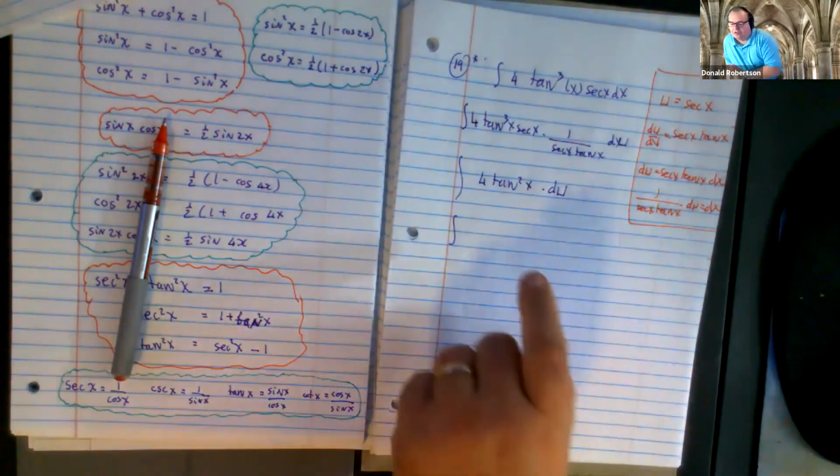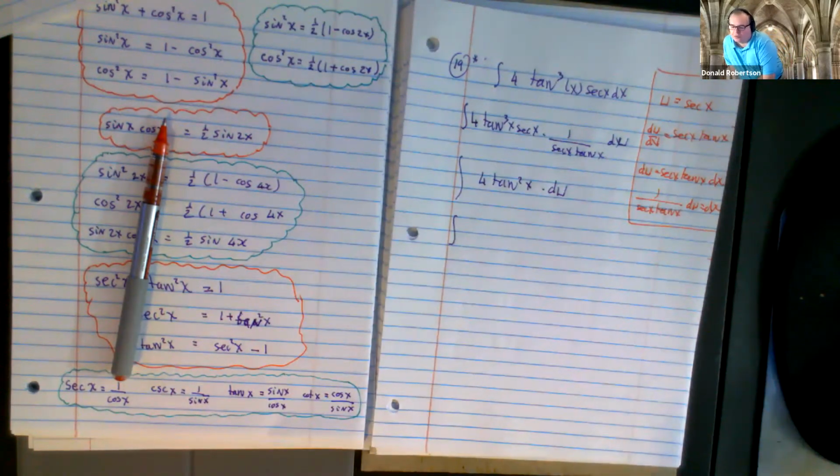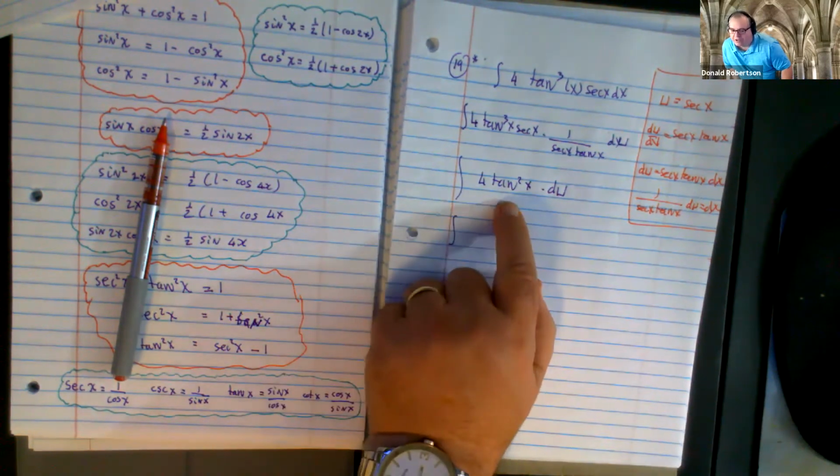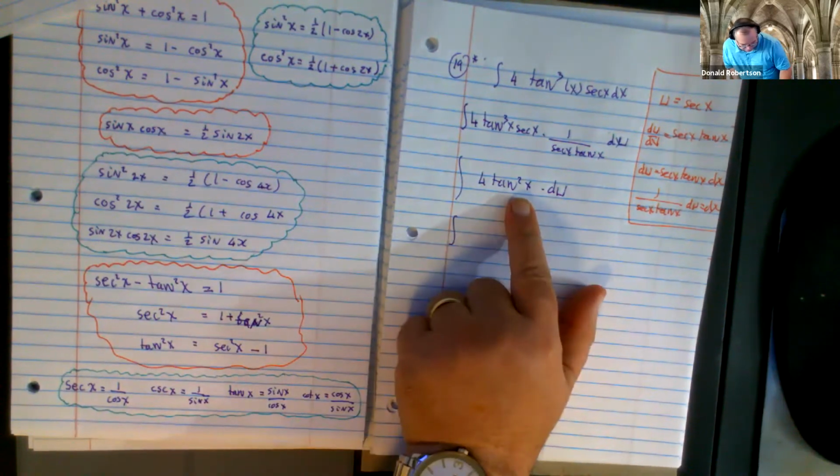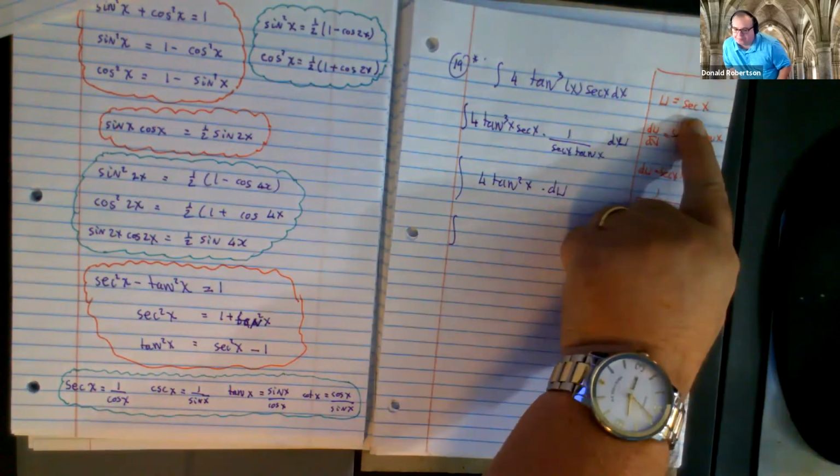It's analogous. Do you remember sometimes we did integrals with sines and cosines, and we had a cos squared left over, but we wanted sines, or we had a sine squared left over, but we wanted cosines. I have a tan squared left over. As long as it's square, tan squared, tan to the 4, you're okay. What you have to do is find a different way of writing tan squared that uses secants.